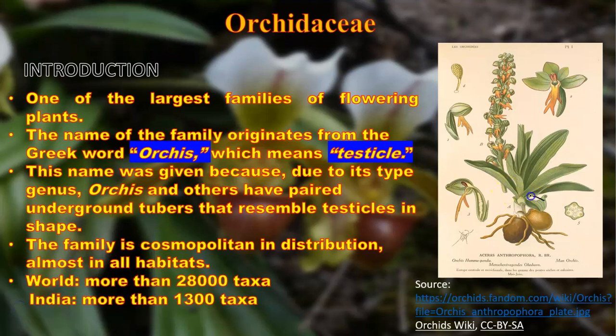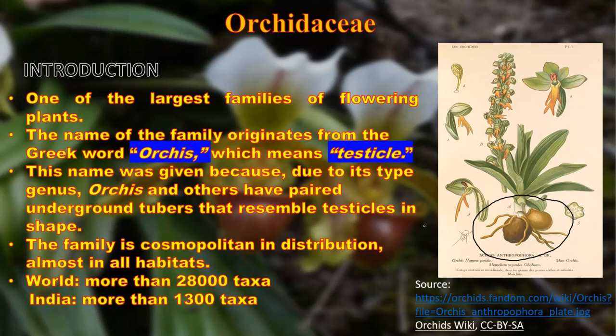You can see this is one of the Orchis members, and the tuber is the shape of testes. That is why the family name came into existence, Orchidaceae. Its distribution is cosmopolitan.